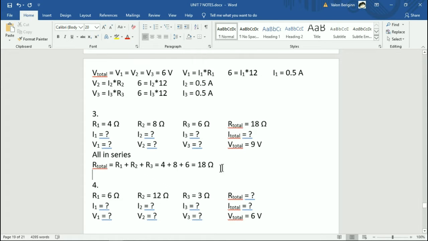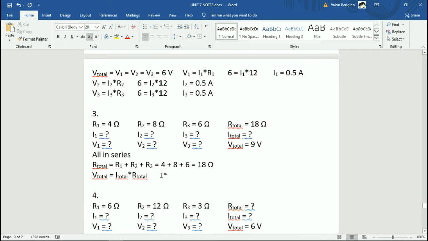Then again we can use V total equals I total times R total. So we get 9 equals I total times 18. So I total equals 0.5 amps.